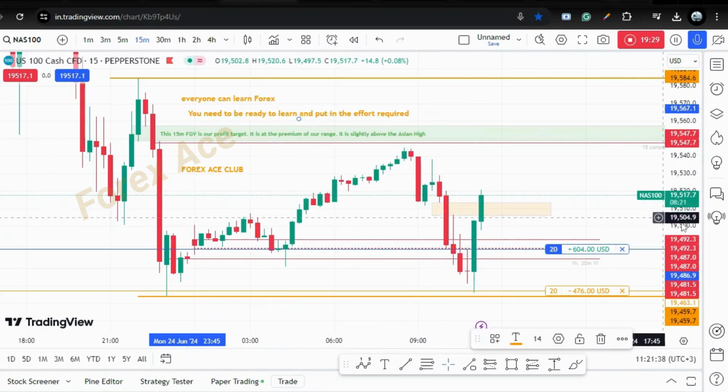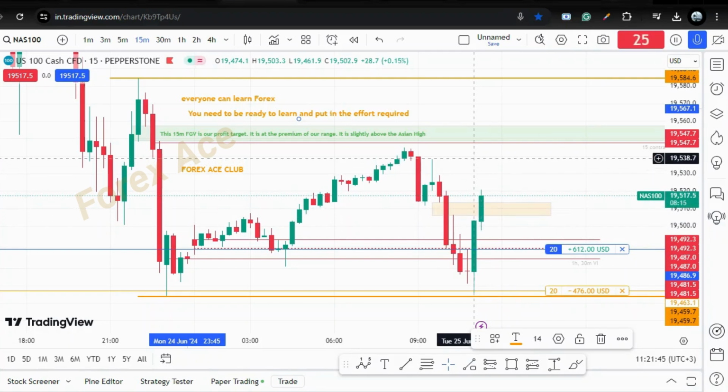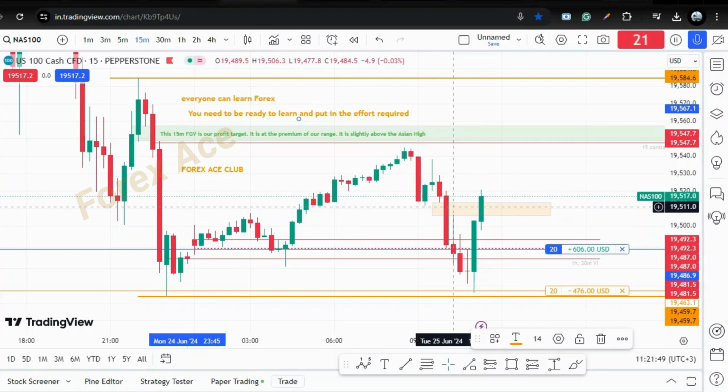Now I'm so happy. In the next 8 minutes, this candlestick will close. I want to see it pierce through and continue up. I don't want to see some form of resistance from this zone.